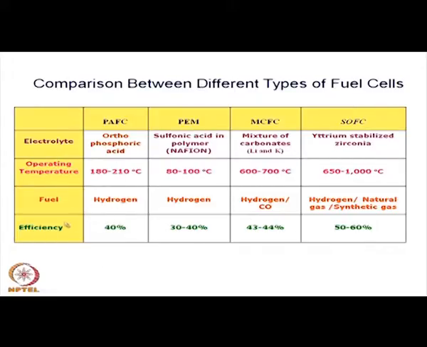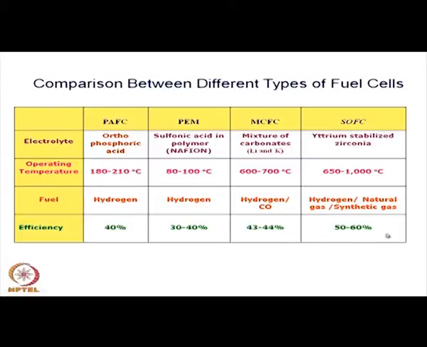Here, the bulk part efficiencies have been put, about 40% overall efficiency, 30 to 40%, and then 40 to 44%, or 40 to 45% you can say, although it has been mentioned as 43, 44 specifically, but it is around 40 to 45%.